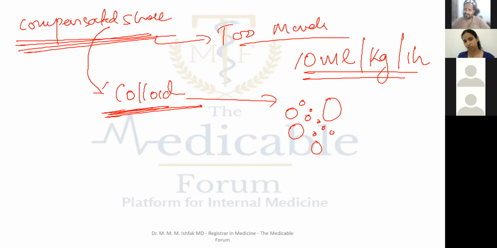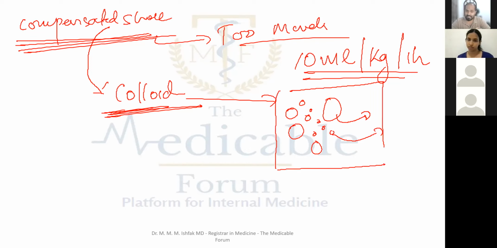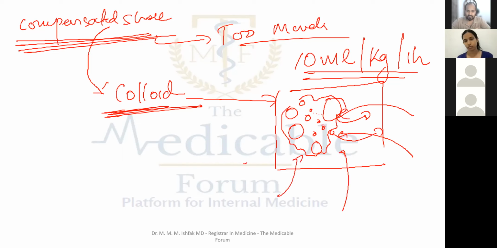But when you give it at a variable rate, what happens is first the small molecules will come, then the large molecules will come. They will be coming inside the blood vessel in a very haphazard way. When all of this is there at once in your blood vessel, they create a very stable structure which will draw water from outside to inside.